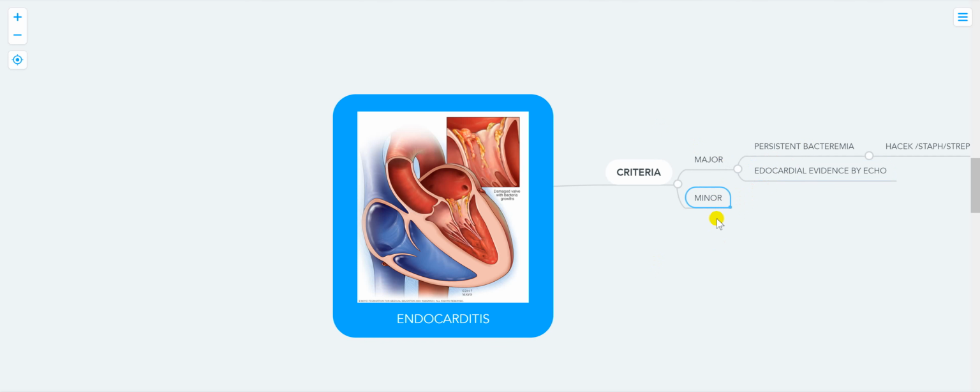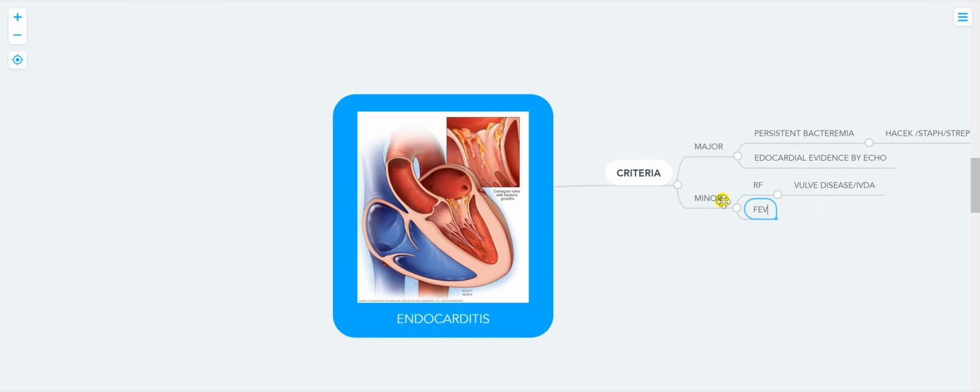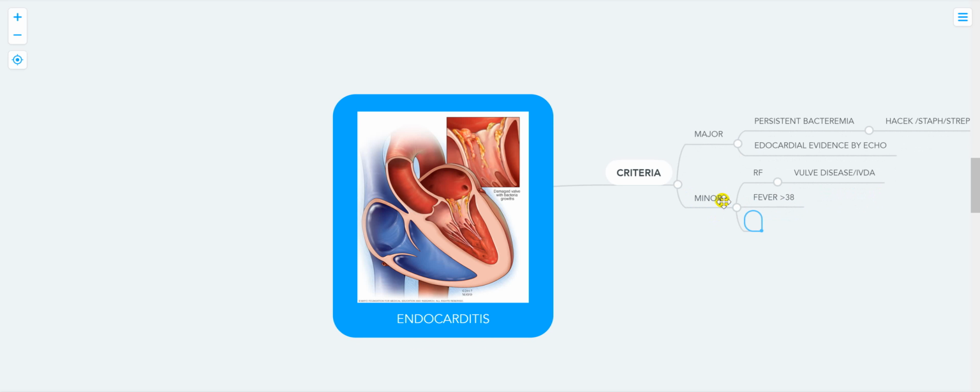These are the major. These are the minor criteria. What is that? Risk factors, like valve disease or IV drug abuse, or it could be fever more than 38, and vascular phenomena.